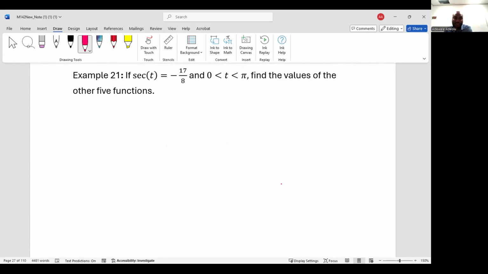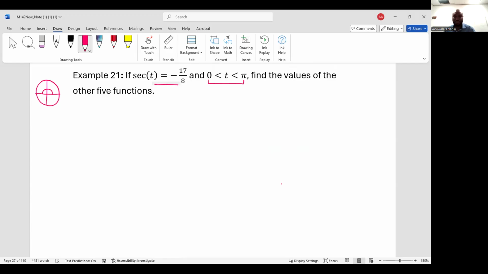If secant of an angle t is negative 17 over 8, and our angle behaves this way, our angle is between 0 and pi. Look at it. Our angle is between 0 and pi. Yes, 0 and pi. That is where we have an angle, somewhere there.